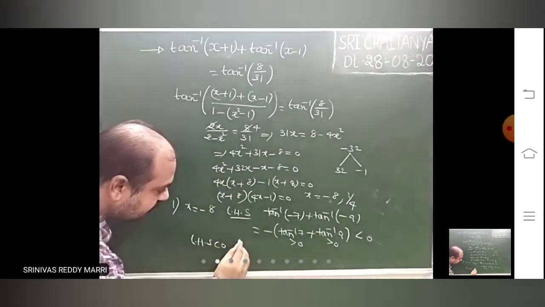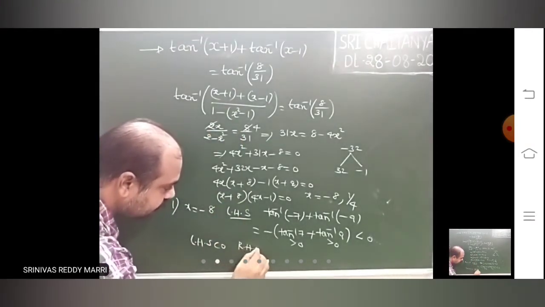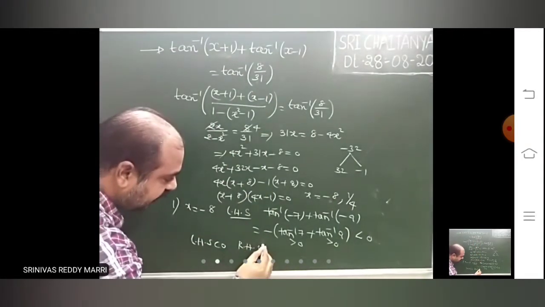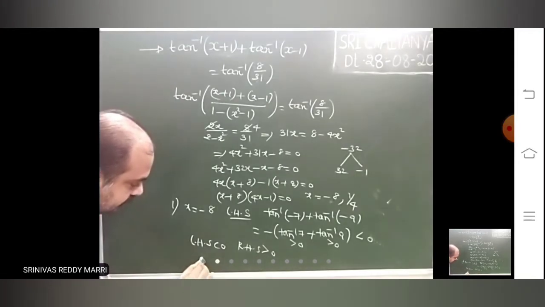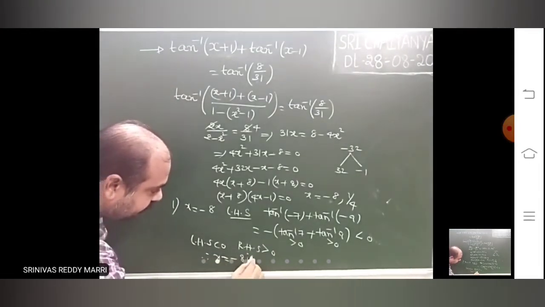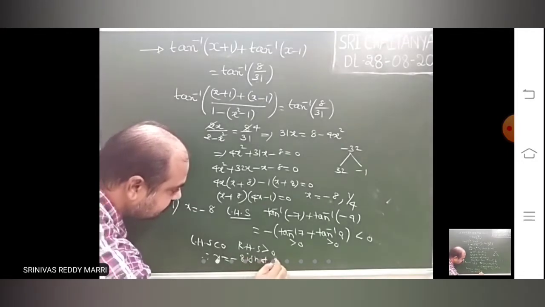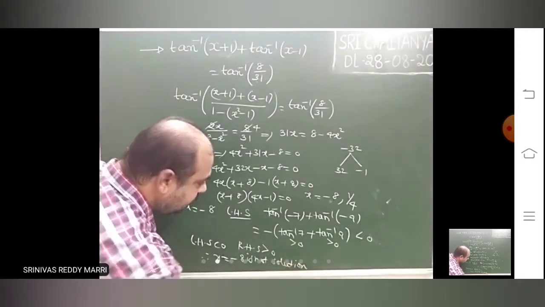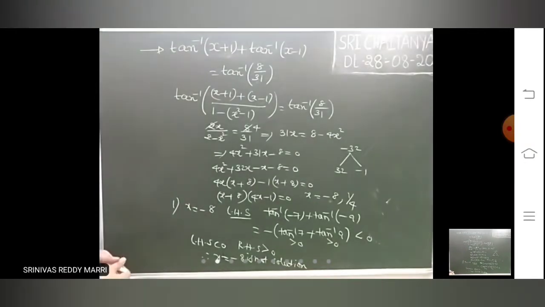But RHS is what? RHS is this one. So x is positive, so RHS is what? Positive. Therefore, x equal to minus 8 is not a solution.